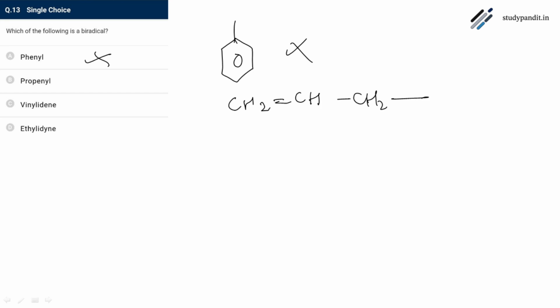Which of the following is biradical? So we just have to see the structure of them. Phenyl. This is not biradical. Propenyl. This is not biradical.